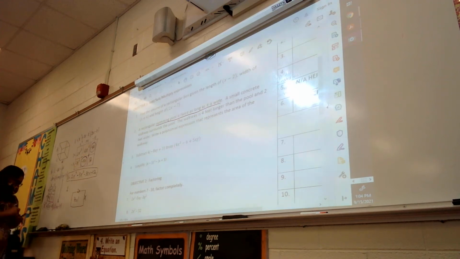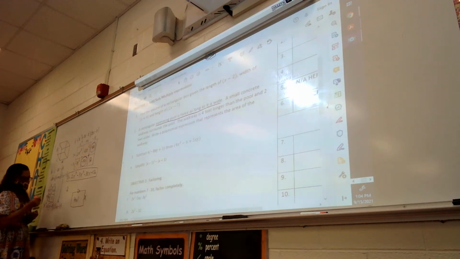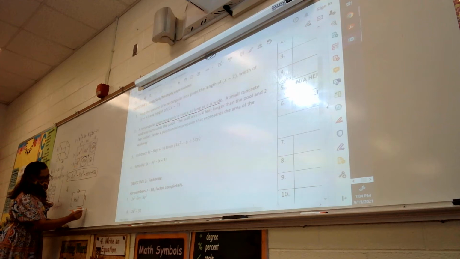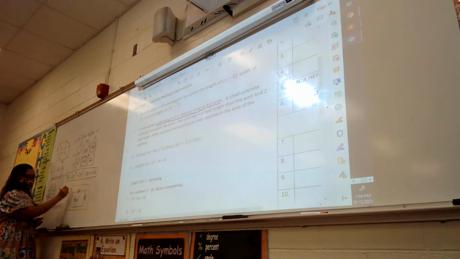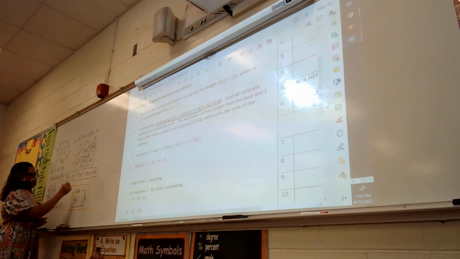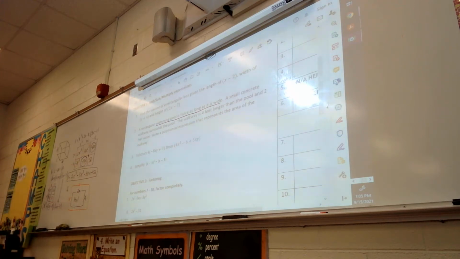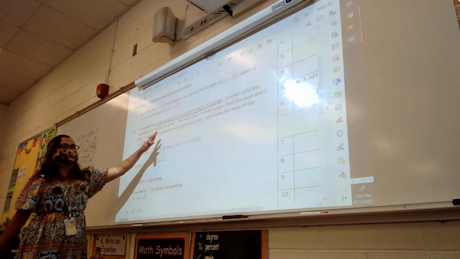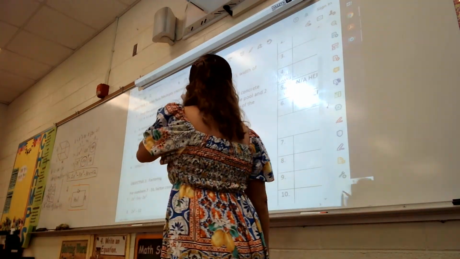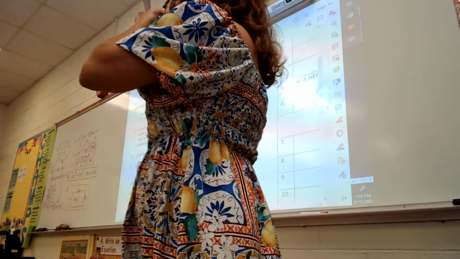Next, drawing. Draw another big rectangle representing the concrete walkway. It says the walkway is 4 feet longer than the pool and 2 feet wider.